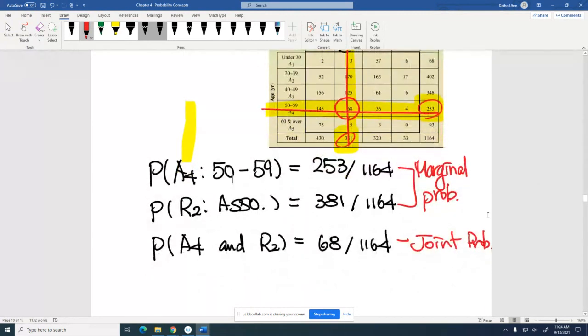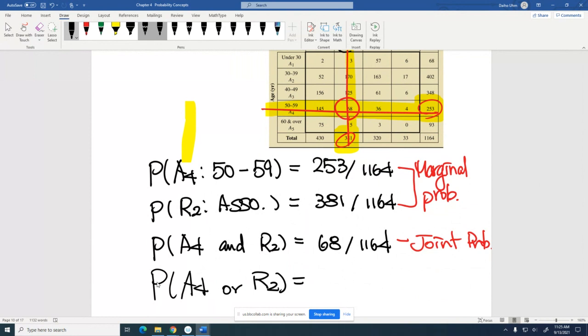Then now, how about this? The probability A4, 50s, or R2. In this event, A4, 50s, or associate. They don't have to all be associate because it is "or."